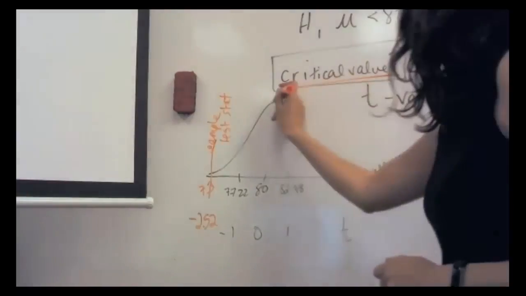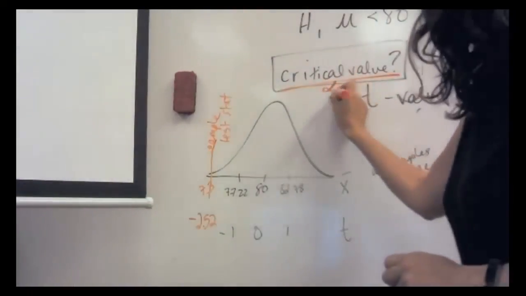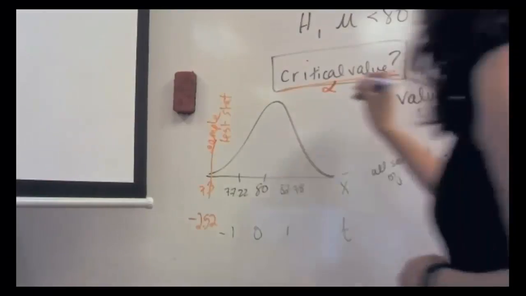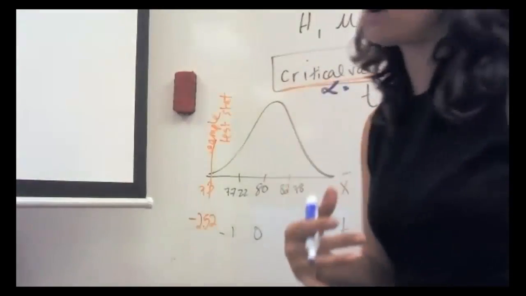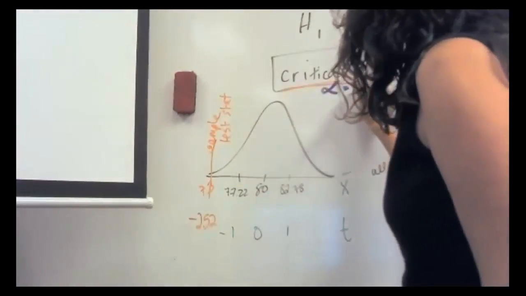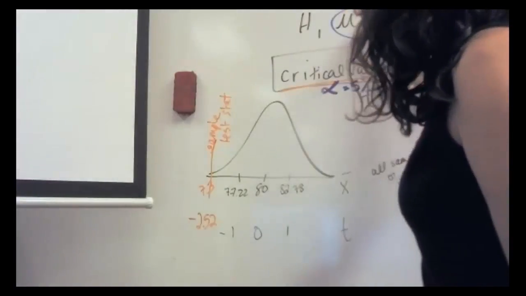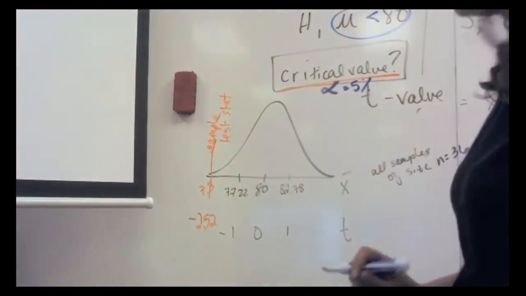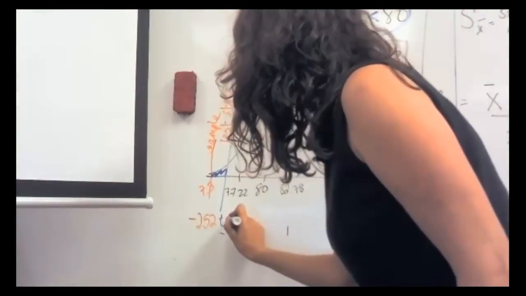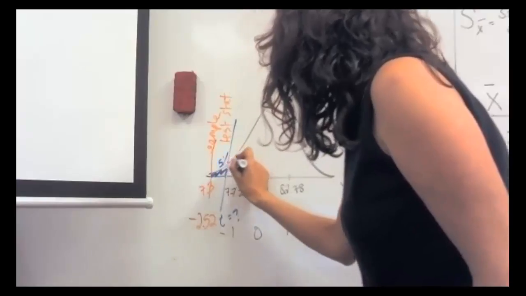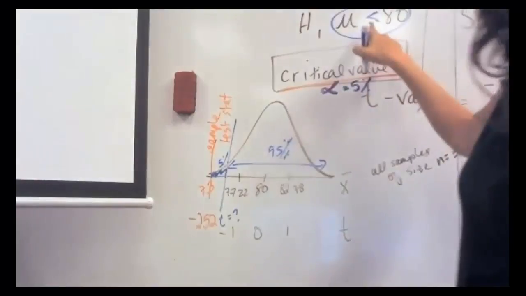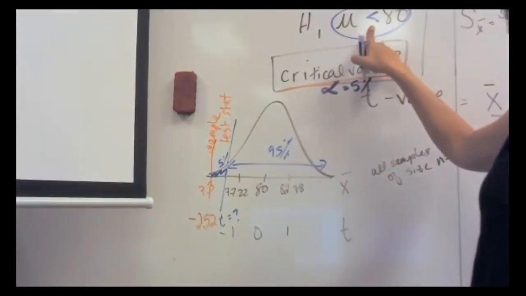Then for my critical values, I need alpha. So I'll do that in a different color here. If I go back to my problem, alpha is equal to 5%. This is a left-tailed test. So my question is, what is this t-value if this is 5%? It's the whole 5% in the left tail because it's a left-tailed test.